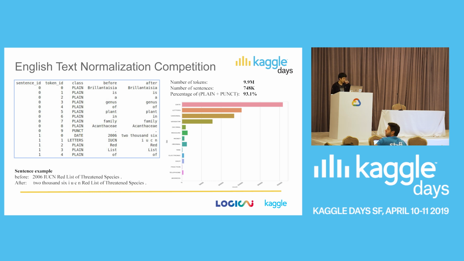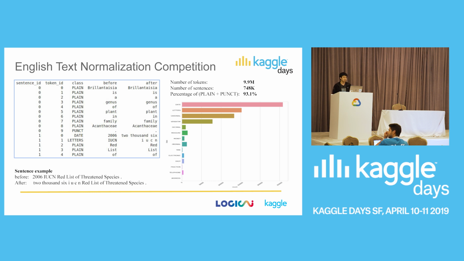Let's pick maybe the date here, 2006. In the number, it's just 2006, but how do you know it should be pronounced as "two thousand six"? You probably need to first predict which class this token belongs to, and then, based on the token class, you run the corresponding translator.